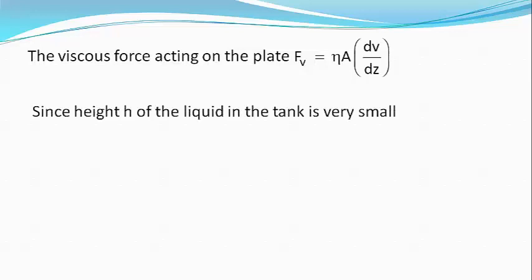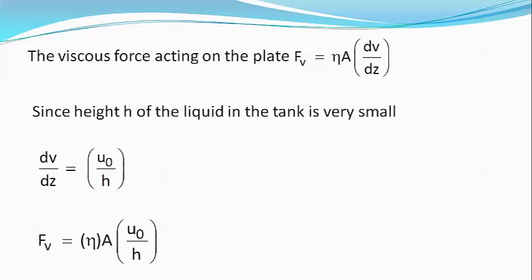Since the height h of the liquid in the tank is very small, we may write dV divided by dz equals u0 divided by h, and hence the force Fv becomes Fv equals eta into A into u0 divided by h.